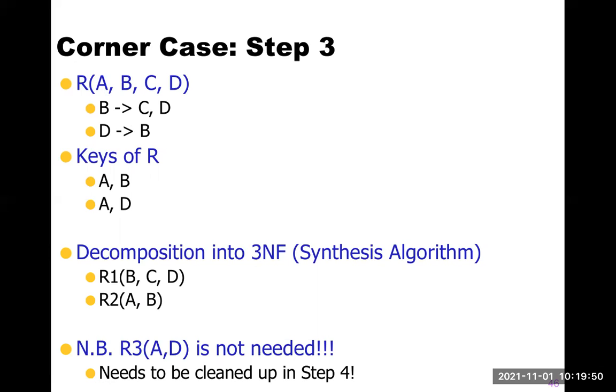They don't depend on anything, so they should be parts of keys. Every column that doesn't belong to functional dependencies. So keys of R. Key is B. B defines C and D, but to define A, the key needs to define everything.